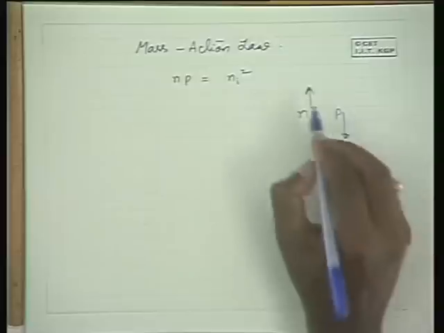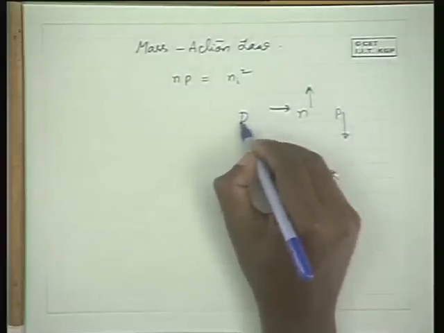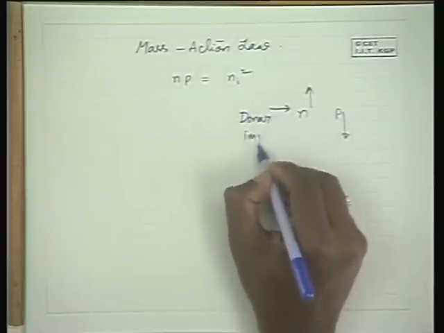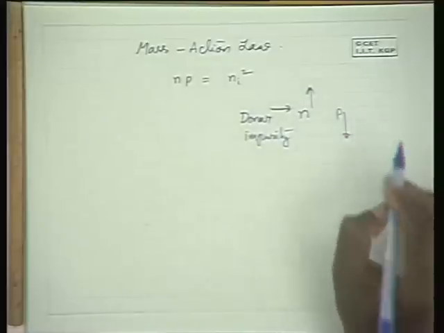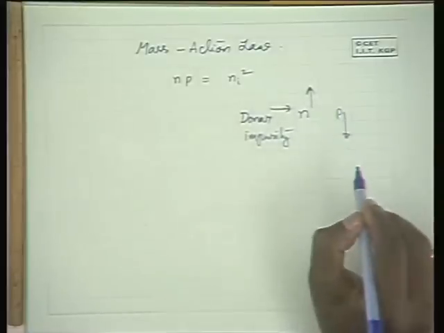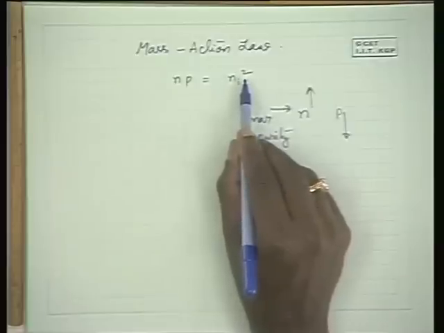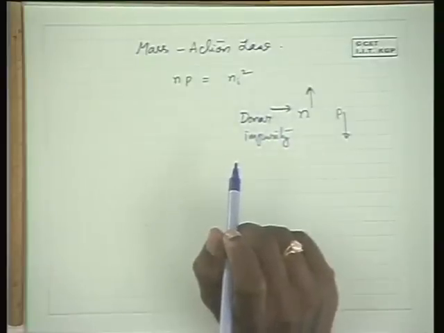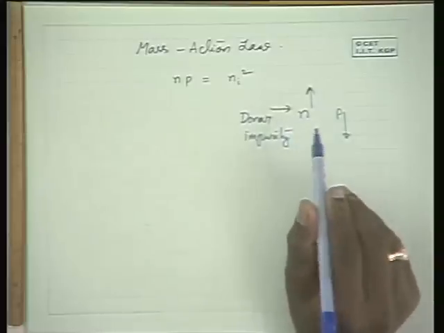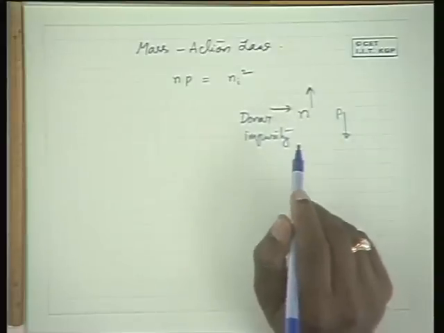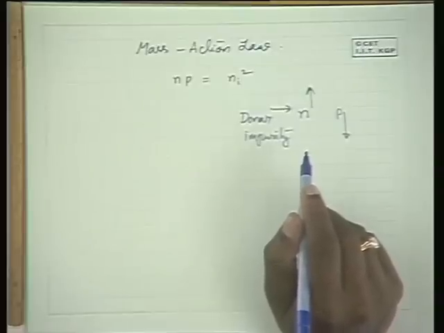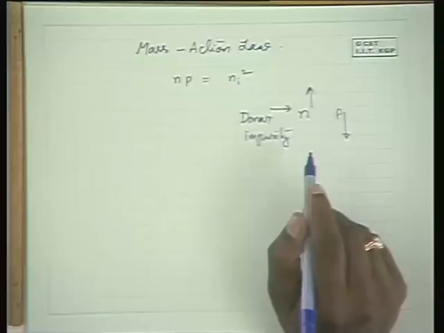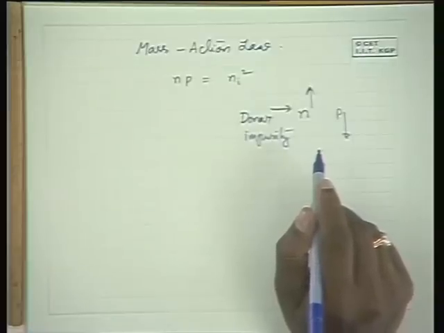Why is it so? By means of donor impurity, if you are increasing the free electron concentration, the hole concentration goes down so that the product is constant. How? With more number of free electrons present in the material than the holes, what happens? Some of the free electrons combine with the holes, and as a result the hole concentration goes down.